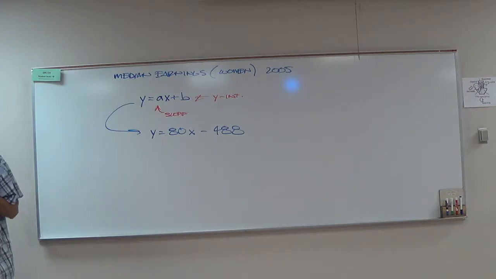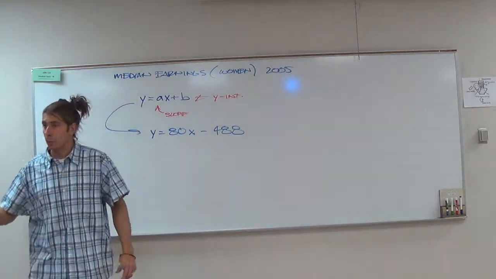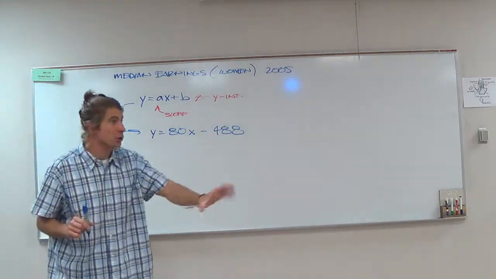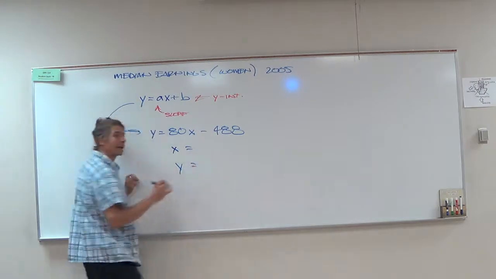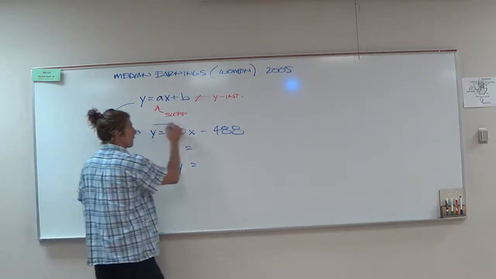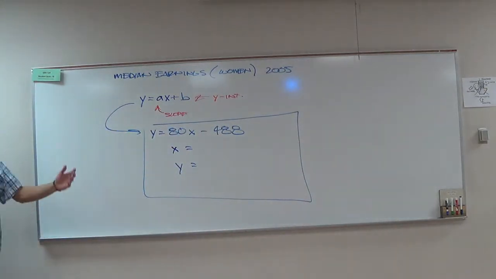Because if you just hand that to someone, Merry Christmas, that doesn't tell them what you're talking about. So I always demand from you, and sometimes I give it to you too, an explanation of what X and Y are. When I'm looking at this linear equation, I want to know what X and Y are. Otherwise, it's just an intercept math problem from Math 60.